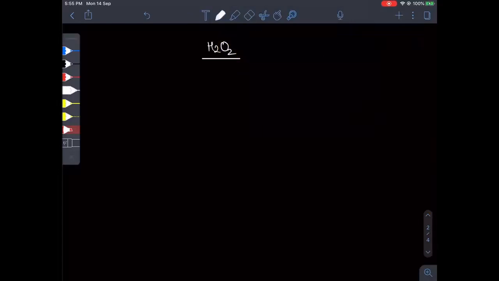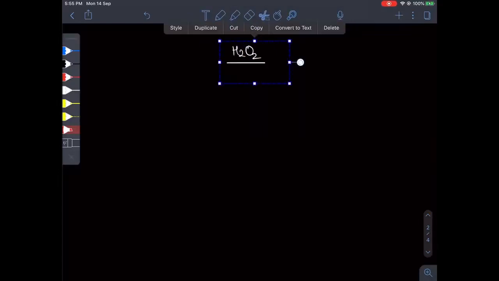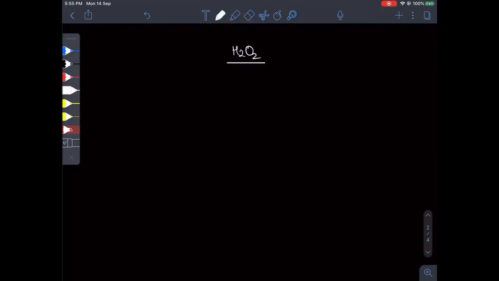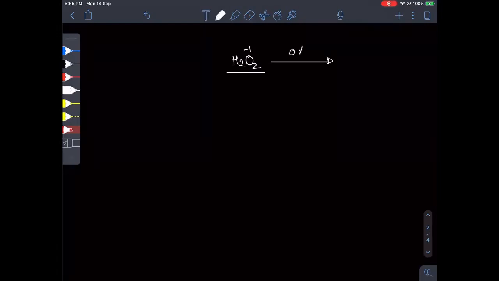So what is the oxidation number of oxygen in H2O2? It is in the -1 state. In the presence of some powerful oxidizing agent, more powerful than H2O2, it may undergo -1 to 0.